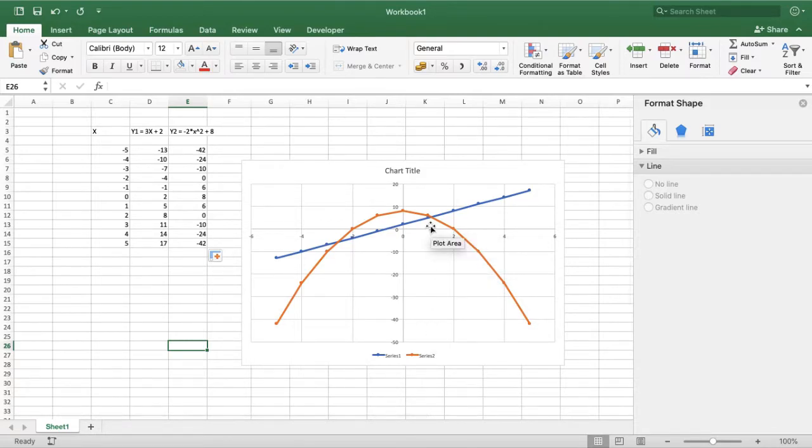Nag-intersect na sila ngayon, like somewhere between 1 and 2 here, and somewhere between, this is negative 2, negative 4, so roughly kalahati, negative 3. So this is between negative 2 and negative 3.